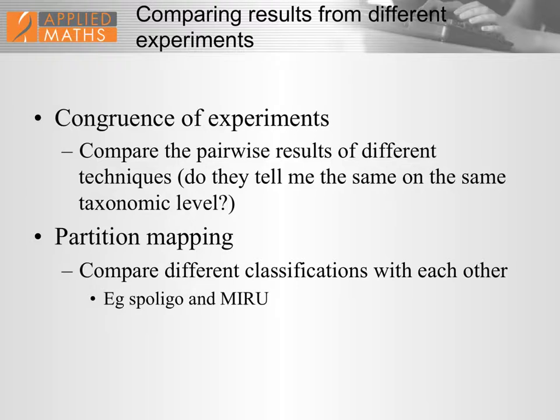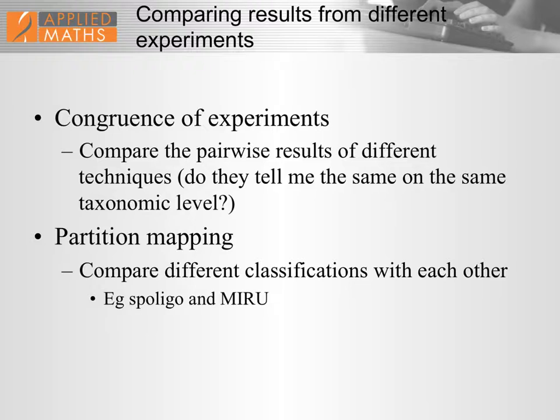Then, because you can do different techniques, you can also compare the results from those different techniques with each other. There are two ways that I'm going to discuss here in short, which is congruence of experiments. What is a congruence of experiments? Basically, you will compare the pairwise results of your different techniques.